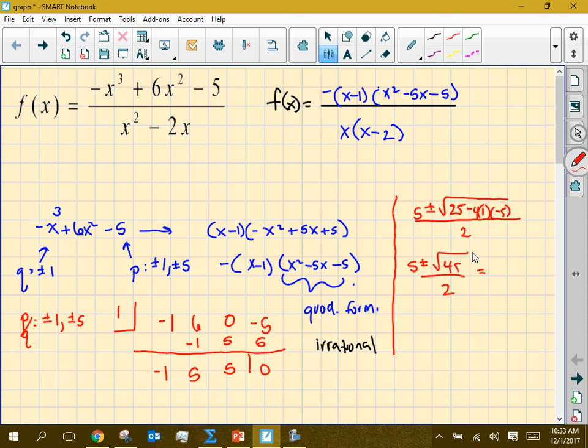So it's going to give me 5 plus or minus 3 radical 5 over 2. So now I've got 5 halves plus 3 radical 5 over 2, and I have 5 halves minus 3 radical 5 over 2.